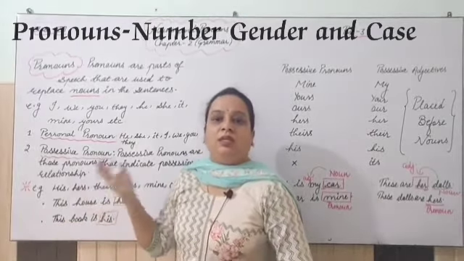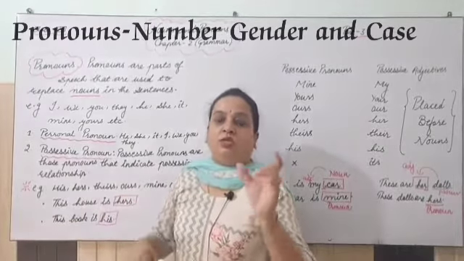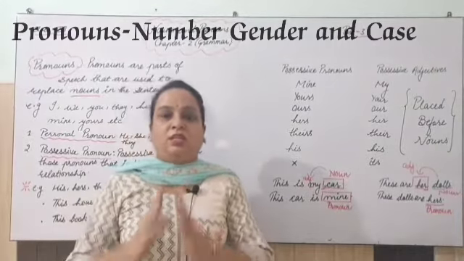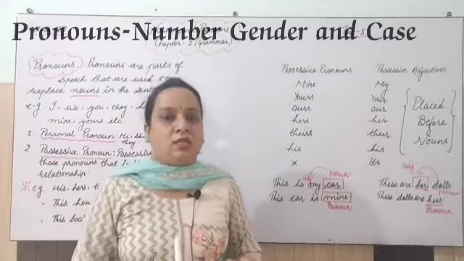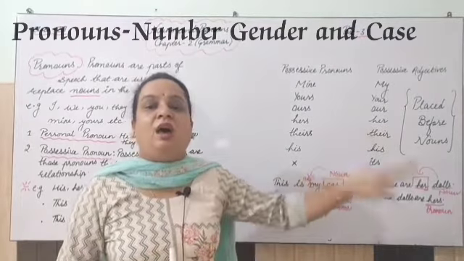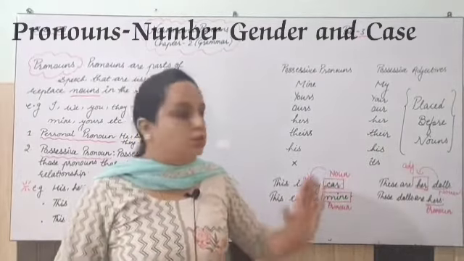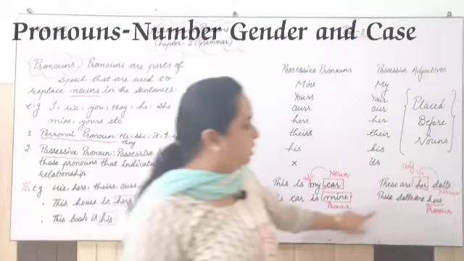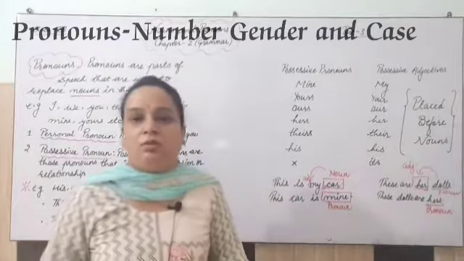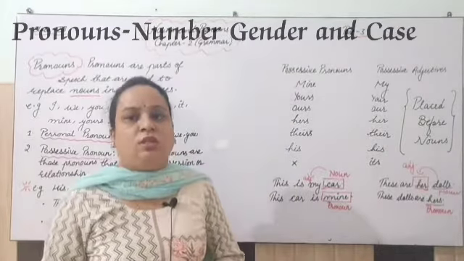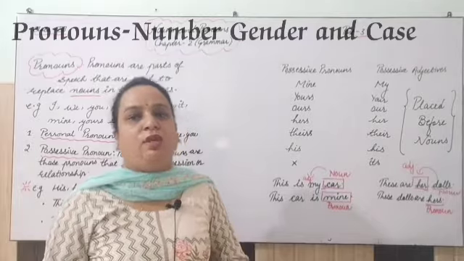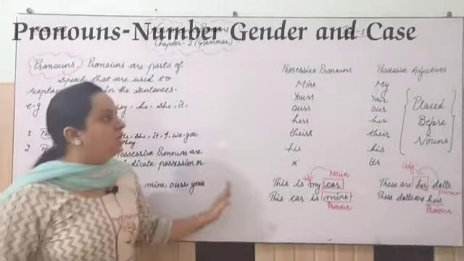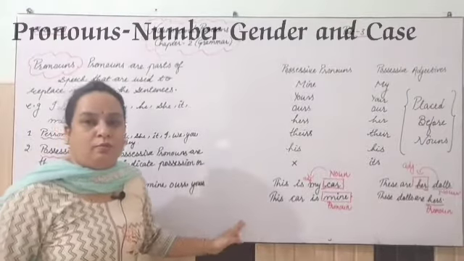We have interrogative pronouns and interrogative adjectives. So you have to keep in mind always that adjectives will be in the sentence only when they have nouns after them, right? Here, because we do not have nouns after them, these ones are pronouns. So this is quite an easy concept, you only have to listen carefully and keep it in your mind. So this was all about the second kind of pronoun.